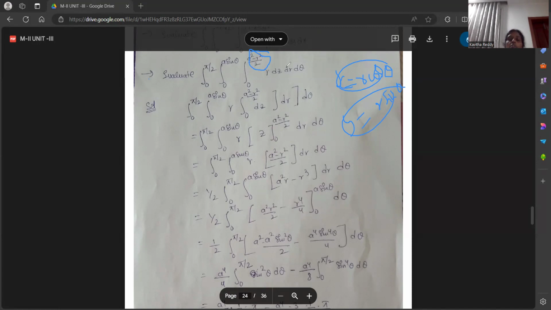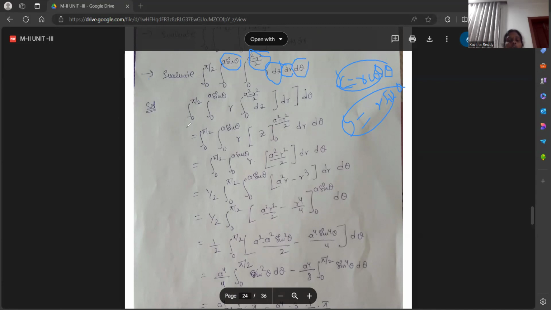That's why you need to integrate with respect to z. The limits for this, a sine theta, are in terms of theta. So that's why you need to integrate with respect to r. Then at last 0 to pi by 2, you'll get all the values in terms of theta. That's why you need to integrate with respect to theta.